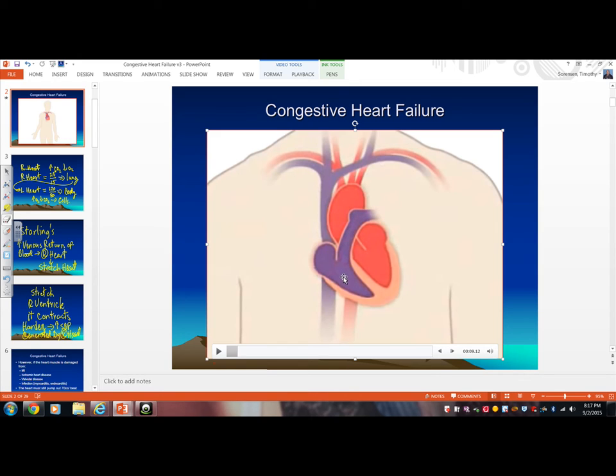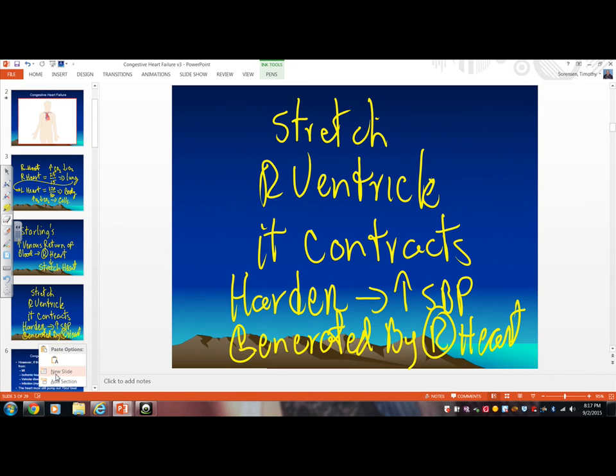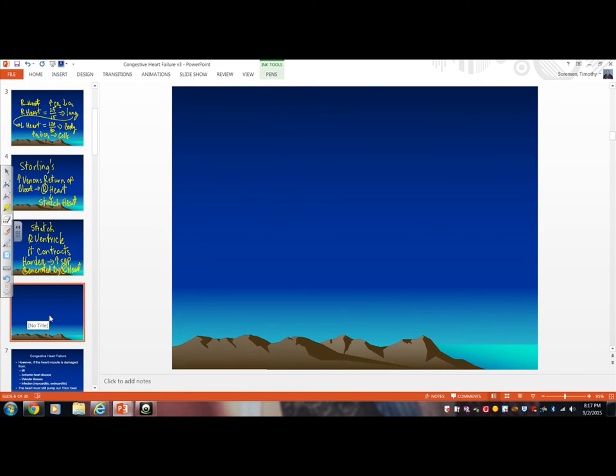What determines the amount of blood pumped by the left heart? The amount of blood pumped by the right heart. So if you increase the amount of venous blood returned to it, you're going to stretch the right heart. That means more blood is going to be sent to the lungs, and that means more blood is going to come back to the left heart. If you send more blood back to the left heart, what do you do to it?